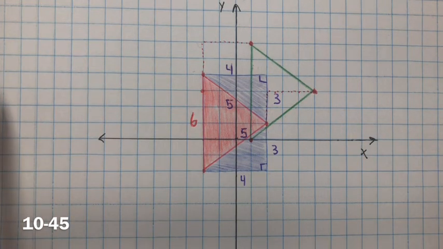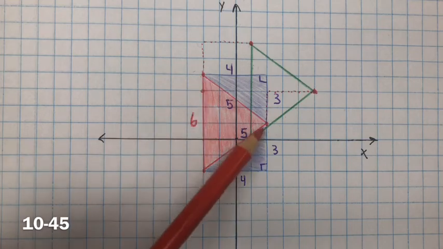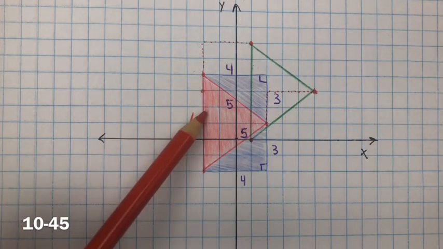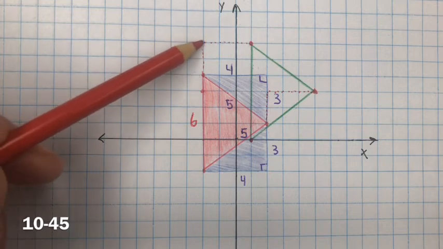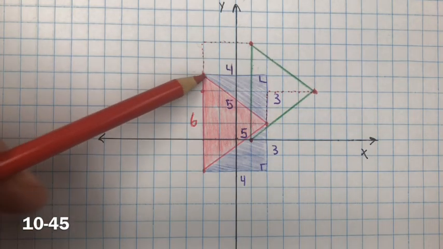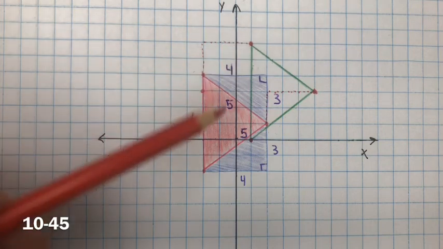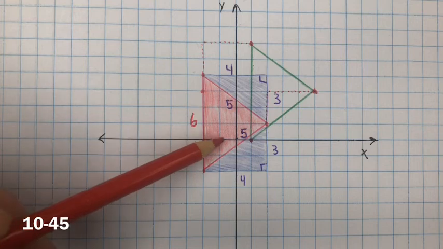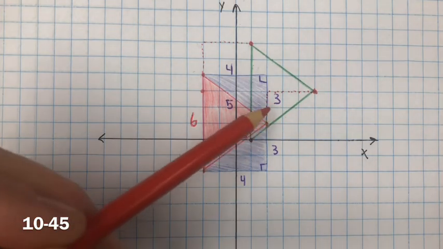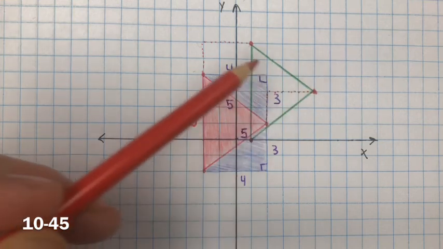Part B tells me to translate this red triangle here, our pre-image, 2 units up and 3 units to the right. So 1, 2, and 3 units to the right, 1, 2, 3. And I do that for each coordinate, 1, 2, and 3 units to the right. And then the same with this, up 2 units, to the right 3 units.